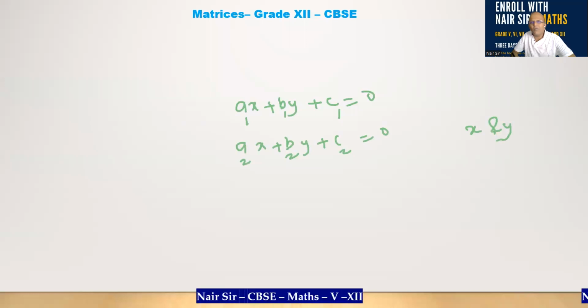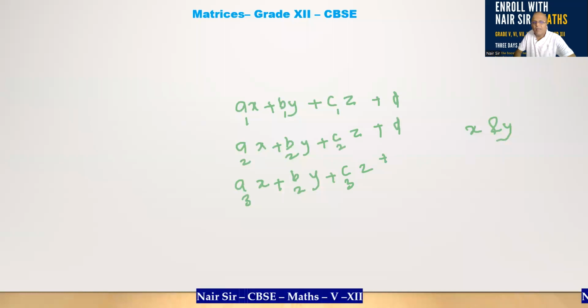But two variables are fine. Now, there's no difficulty in finding a two variable system. But imagine if I have got... okay, let me just change this and make it 3 variables: a1x plus b1y plus c1z, a2x plus b2y plus c2z, a3x plus b3y plus c3z equal to d.